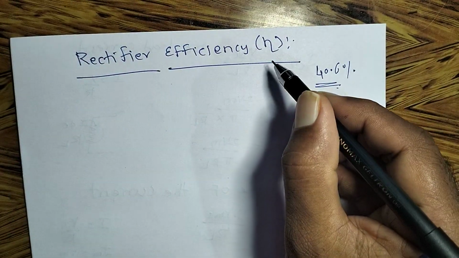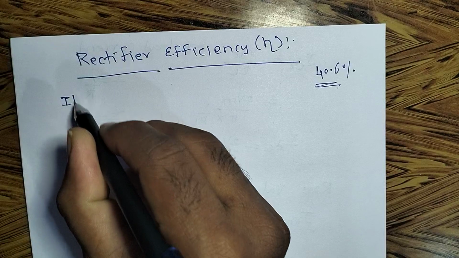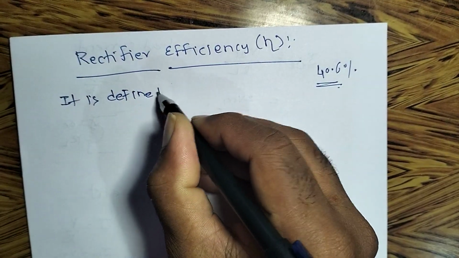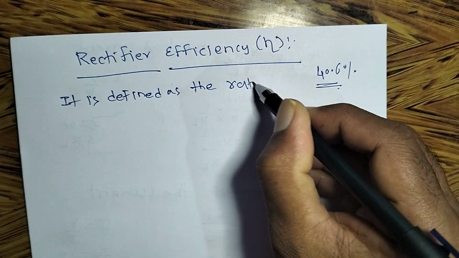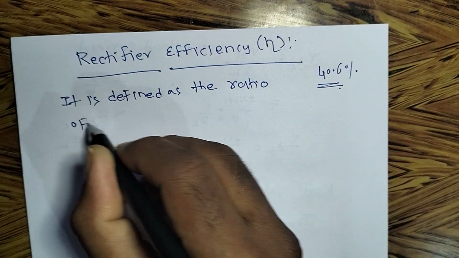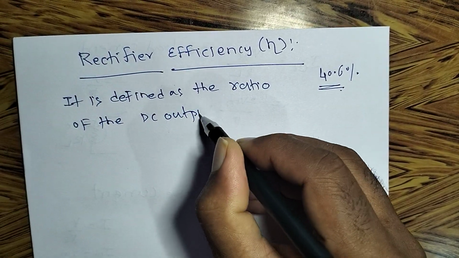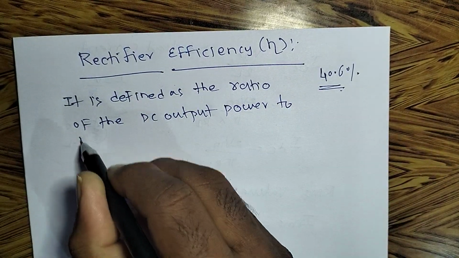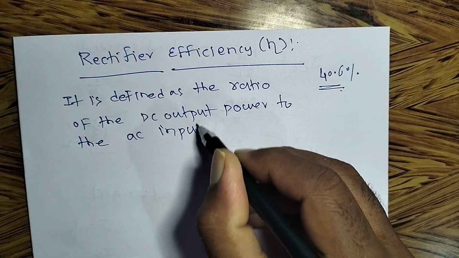Now, rectifier efficiency is defined as the ratio of the DC output power to the AC input power.